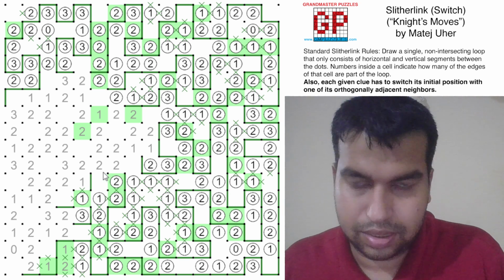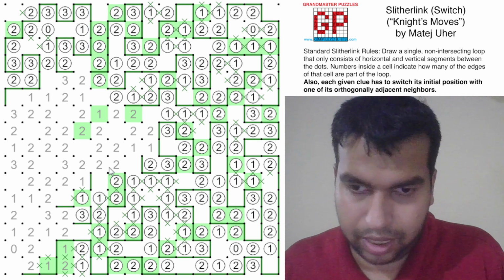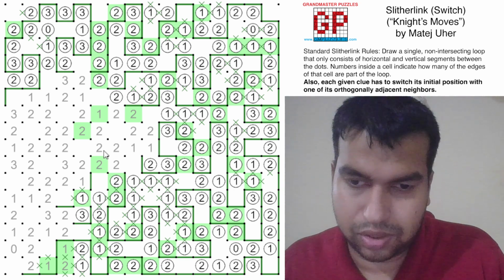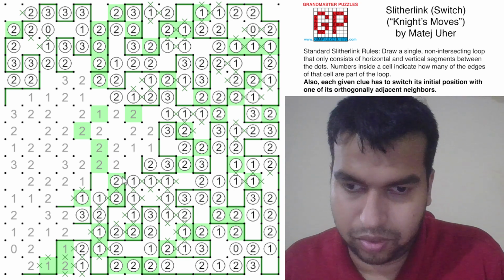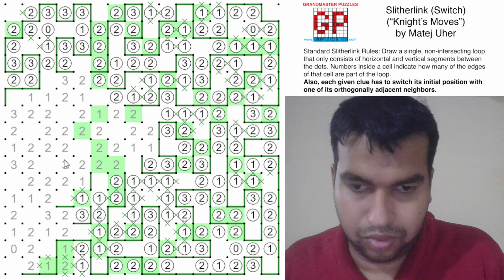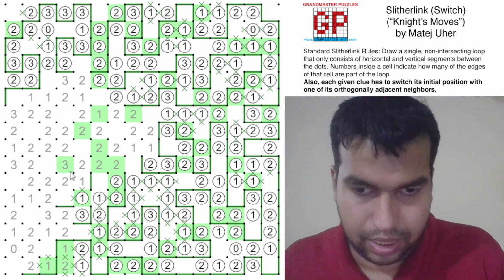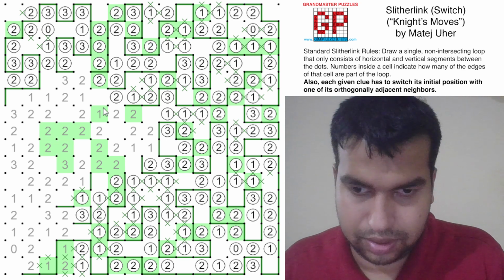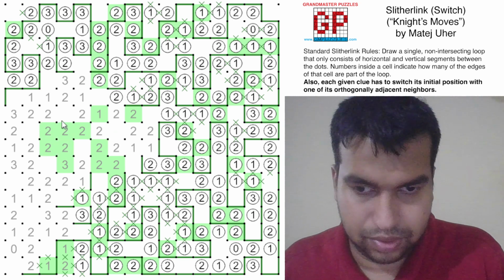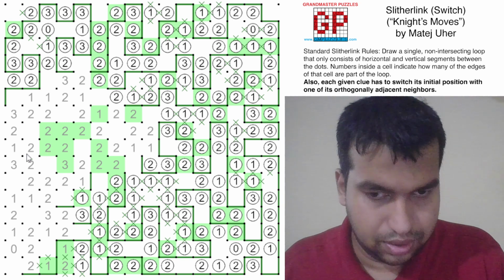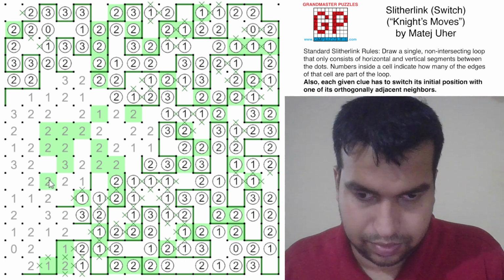So now let's just go around again marking some greens. So this 2 has to be a 2. This has to be a 2. This also has to be a 2. This one has to be a 2. And this, all of those. This one as well.